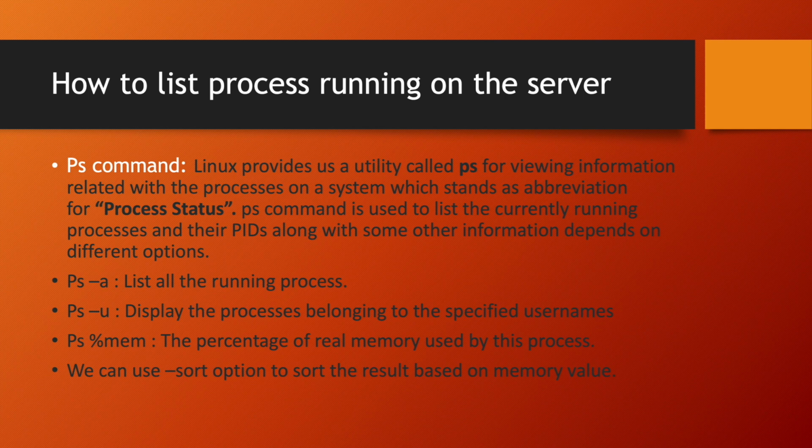If we give ps -A, it will list all the running processes. ps -U displays the processes belonging to the specified usernames. ps %mem, or %M, is the percentage of real memory used by the process. We can use the --sort option to sort the result based on memory value.